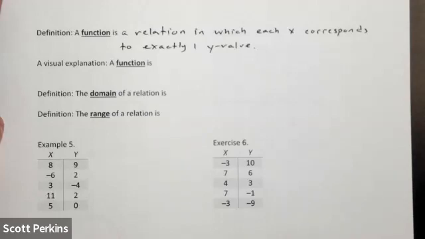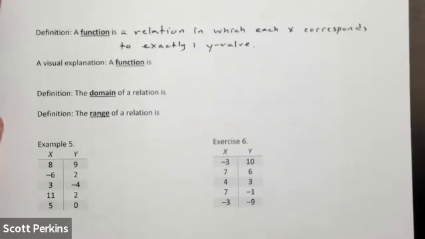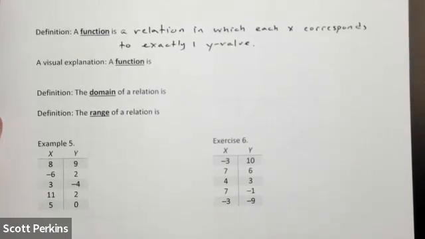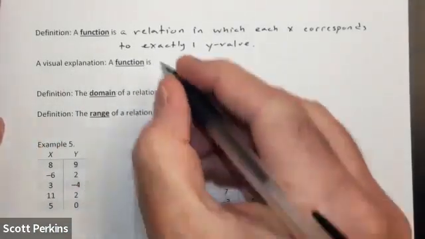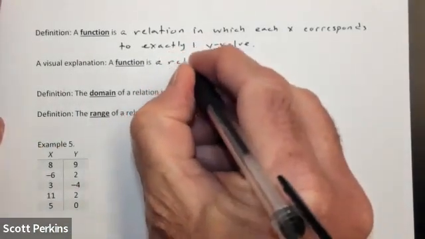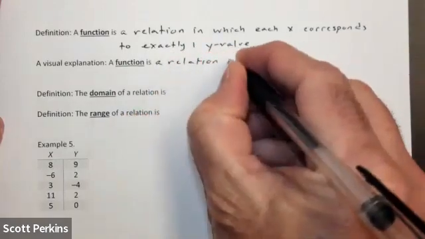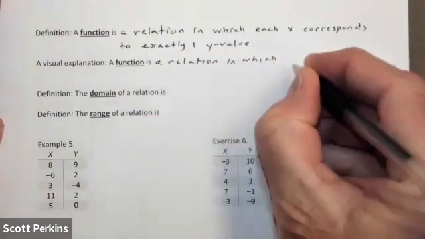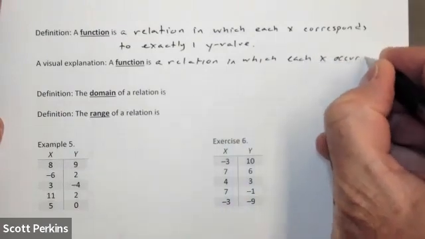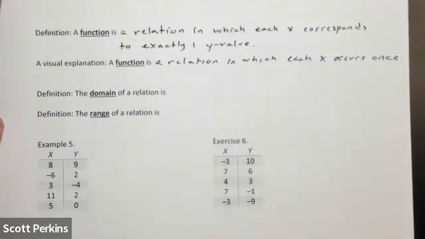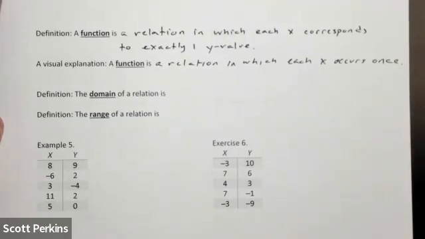Another way to think about that, again, your brain might be rusty because we do this at the very beginning of intermediate algebra and then don't talk a whole lot more about it after that. We do it when we're talking about lines. Another way to think about it is a function is a relation in which each x occurs once. So each x value occurs one time.